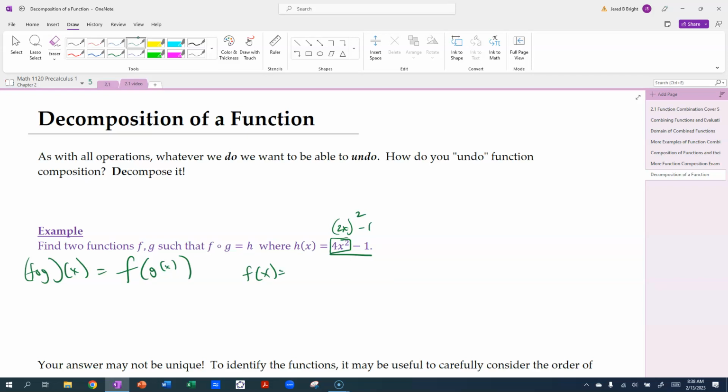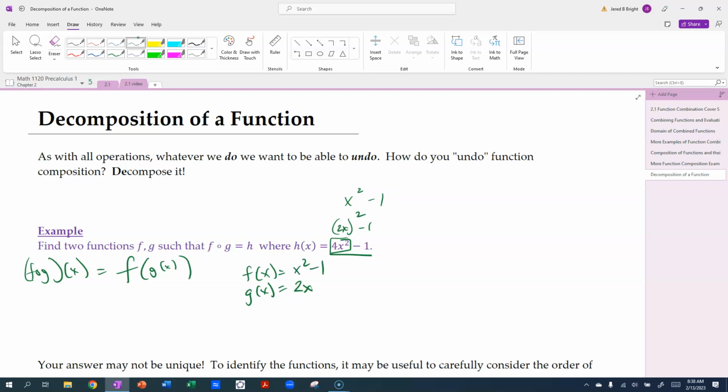So g of x goes into f. For g of x, I'd have to insert 2x. And then what would have had to exist there before g of x was even involved? Well, this whole 2x was really symbolizing an x, because x was being replaced with 2x.